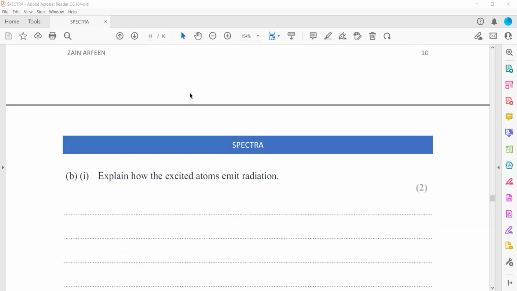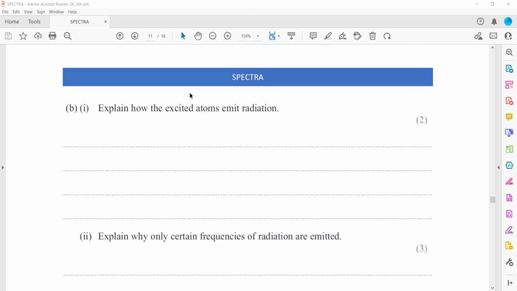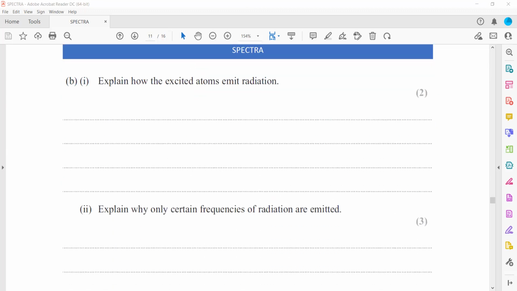Explain how the excited atom emits radiation. So the second part: the atom is excited, but how will it give out radiation? When the electron moves from a higher level to a lower level, it emits a photon, a particle having energy equal to the difference in energy of the two levels.